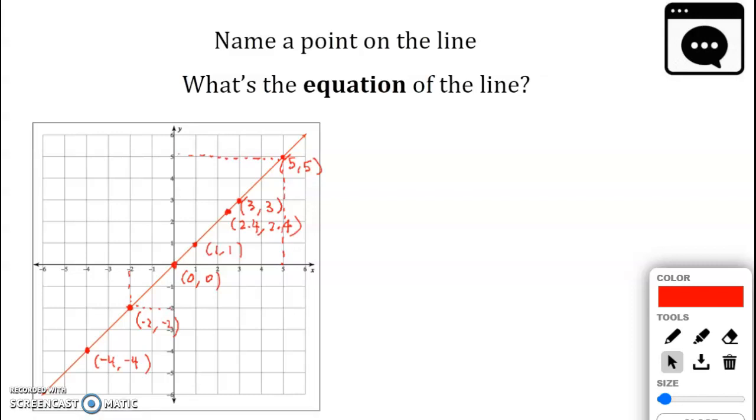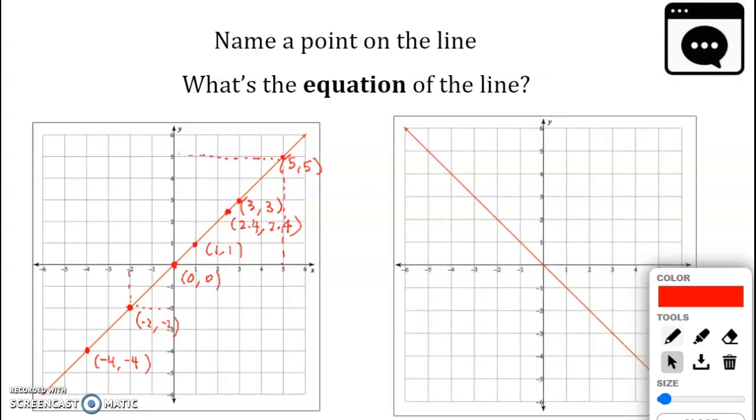That's right, it's y = x. Whatever the x value is, the y value is the same. Some of you might be thinking, what about y = mx + b?